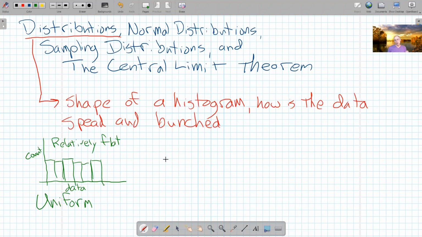Other times, there's other kinds of distributions that we've talked about. So we have symmetric distributions, and there's a bunch of different versions of symmetric. Something could be bell-shaped and symmetric.